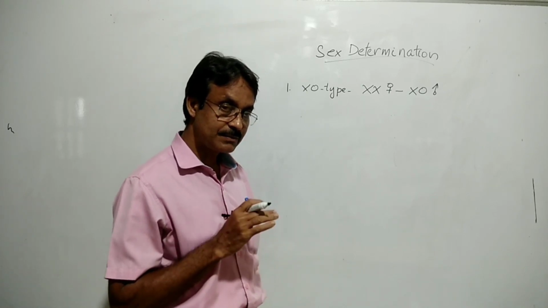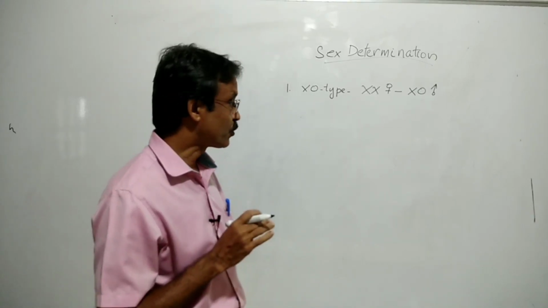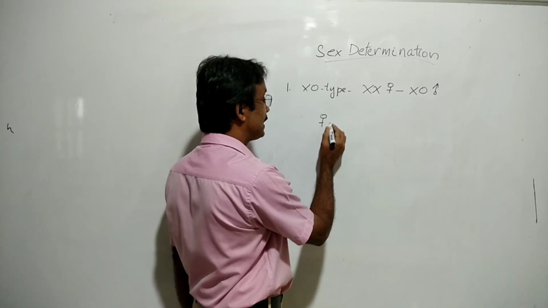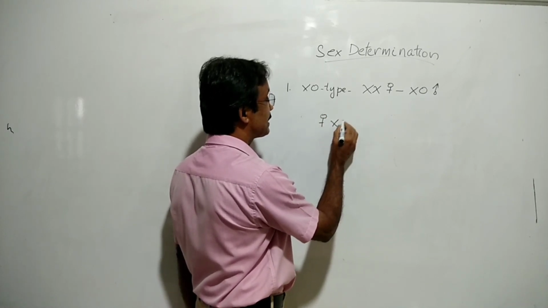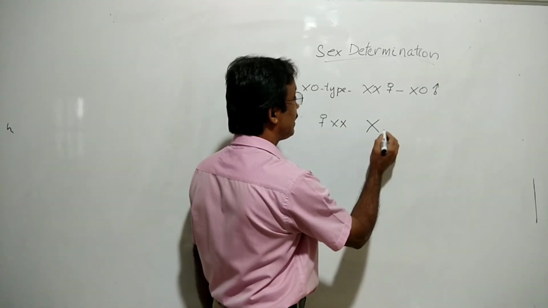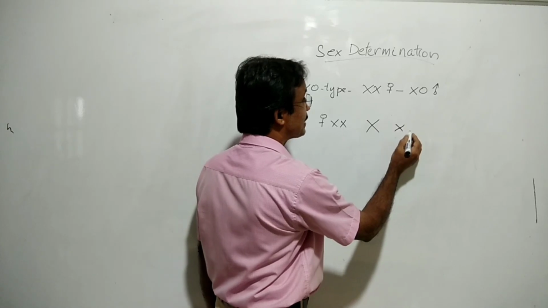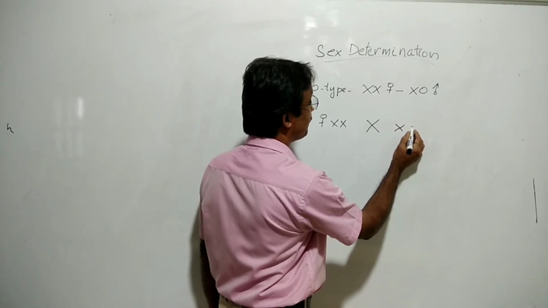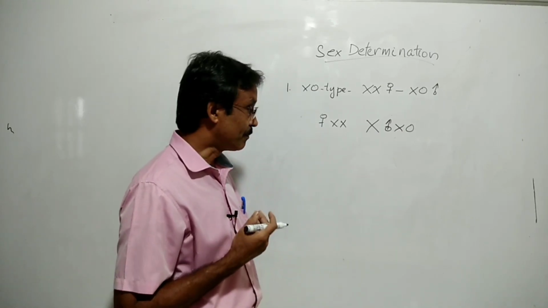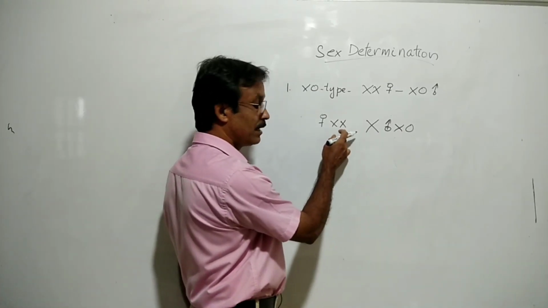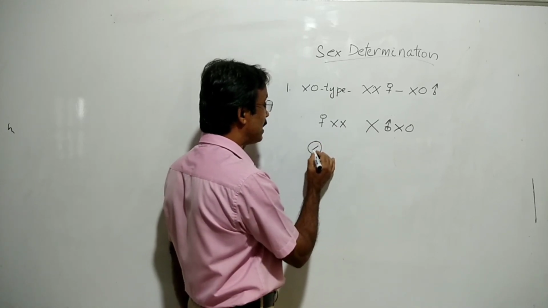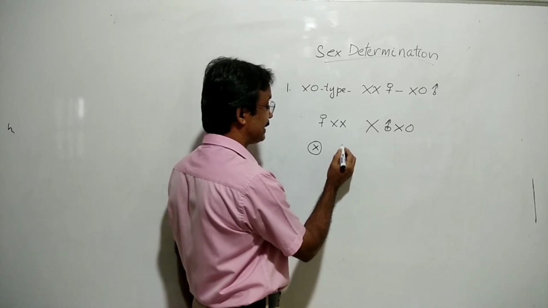Thus, in insects like grasshopper, the female has the XX sex chromosomes and the male has X only, or we can say X0. During gamete formation, these will segregate and each gamete receives only one.